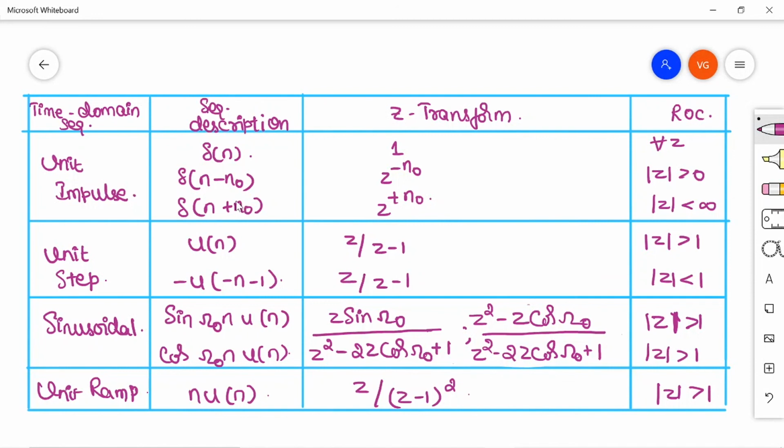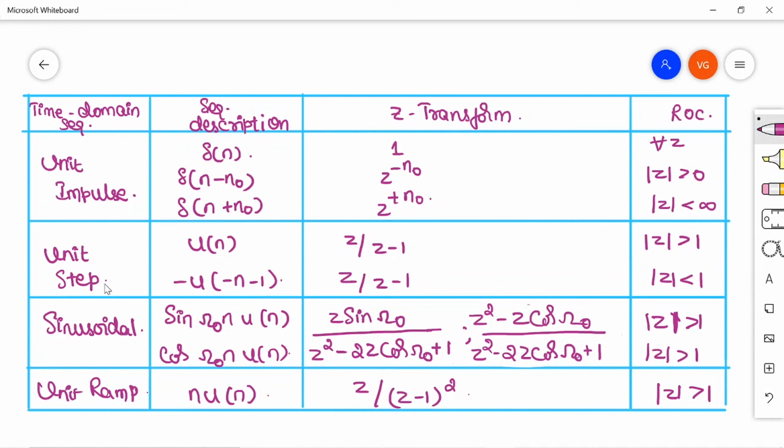The shifted version, del of n minus n naught, del of n plus n naught. If you have minus here, it will be z to the power minus n naught, plus z to the power plus n naught. Like this is a positive side sequence, so that's why it is mod z greater than 0. If it's a negative side, the del of n is on your left hand side, so that's why mod z less than infinity is your ROC.